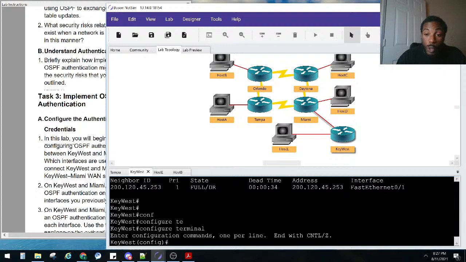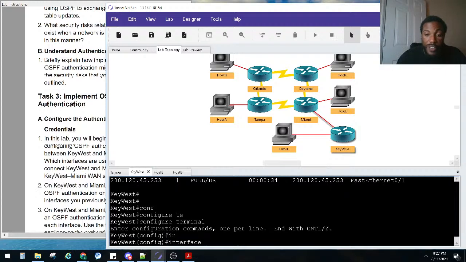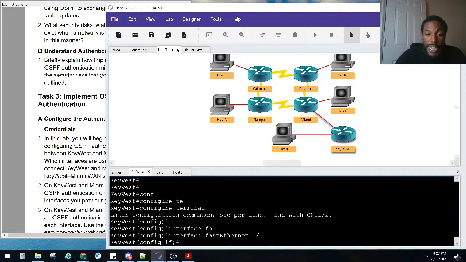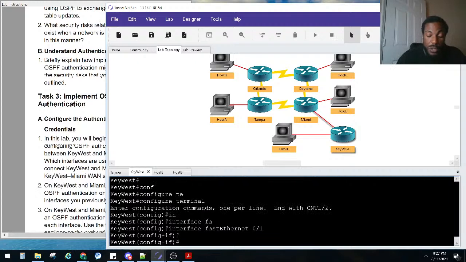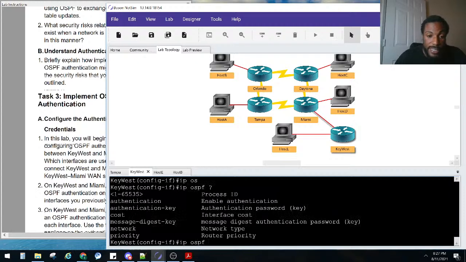So we go to global config mode. We go to that interface in question, right? Interface FA0/1. And then to set up OSPF authentication, you just type in IP OSPF, and then we'll use a question mark for context-sensitive help, and we'll see we could do authentication to enable it, and then authentication key, which I believe is the clear text.